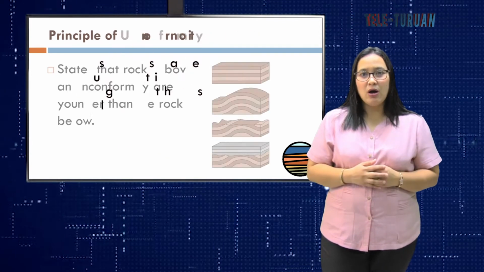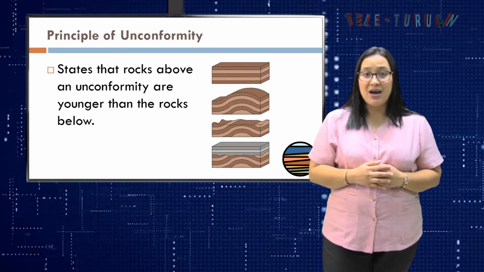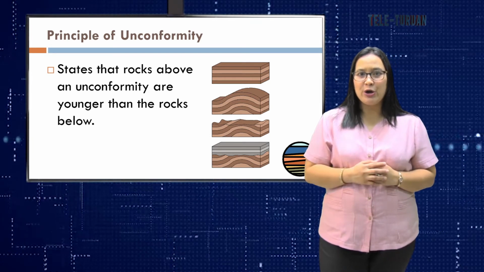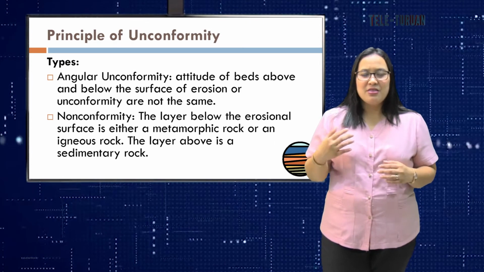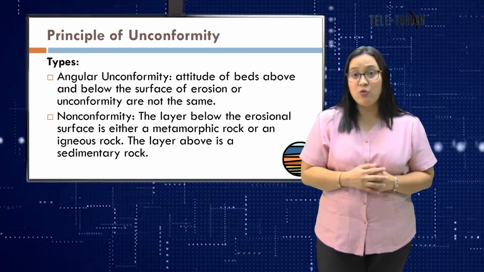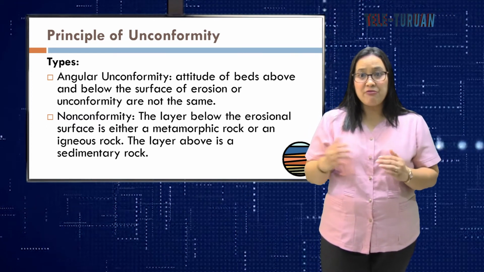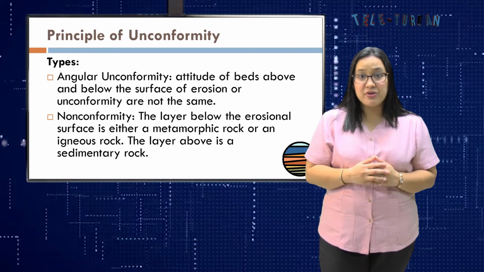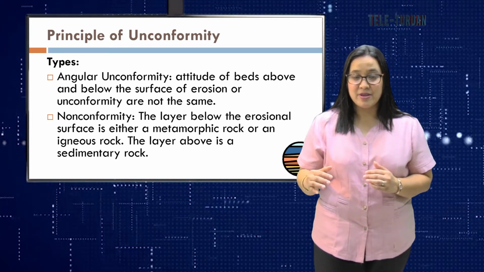The principle of unconformity states that rocks above an unconformity are younger than the rocks below. There are three different types of unconformity. The first one is the angular unconformity. Attitude of beds above and below the surface of erosion or unconformity are not the same.